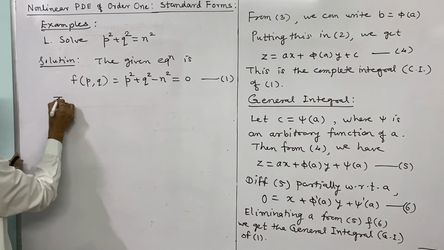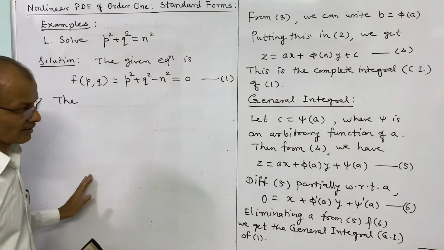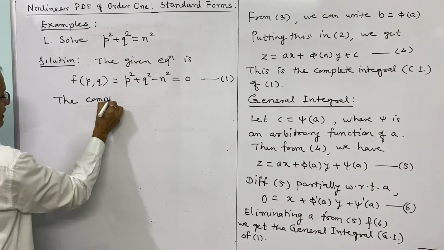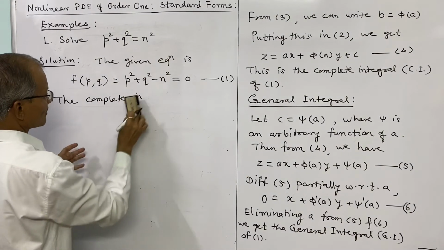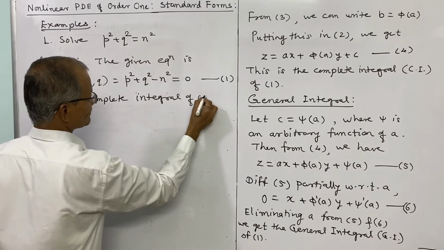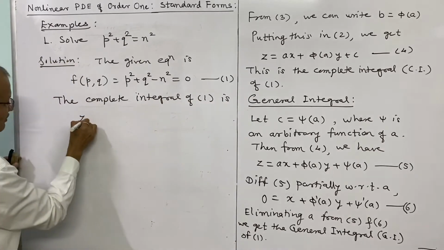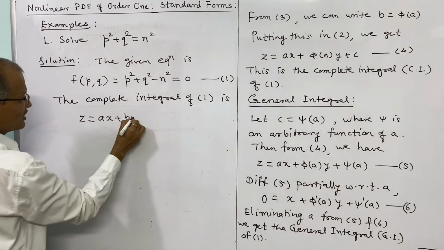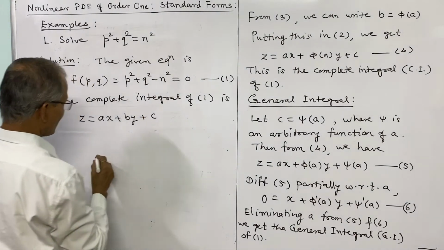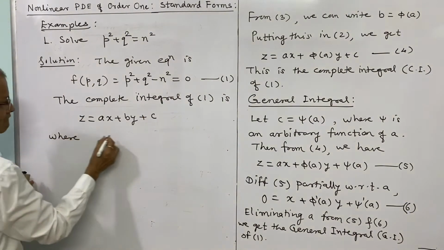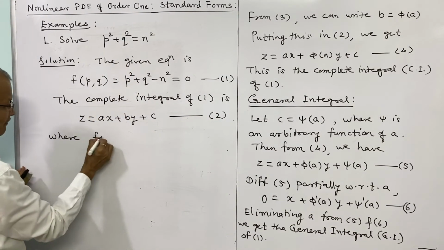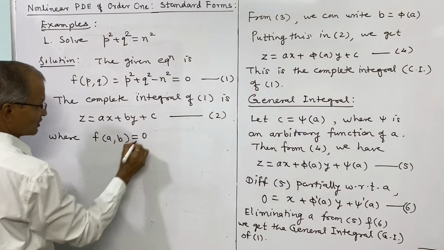And the complete integral of this, we have proved earlier, the complete integral of 1 is z is equal to a into x plus b into y plus c, which we denote by 2, where f of a and b is equal to 0.